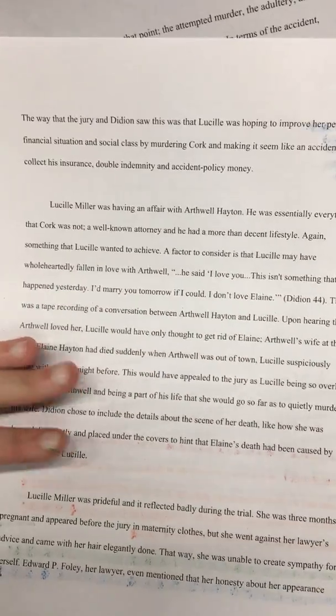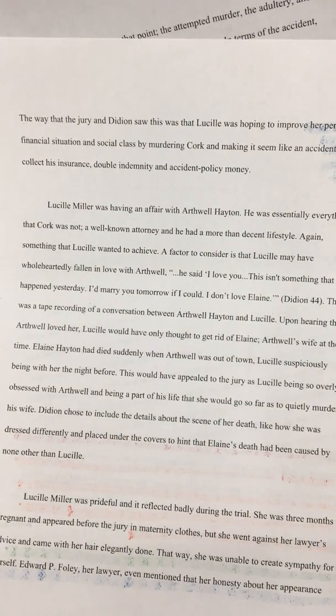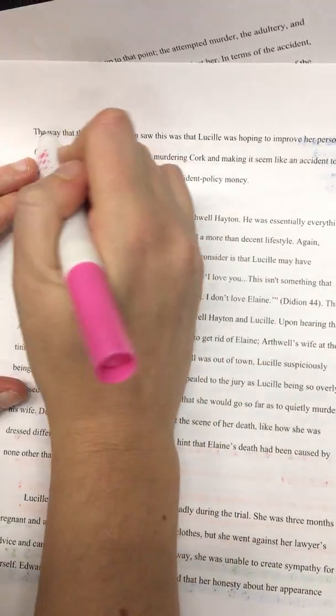Okay, I'm going to flip this around and make sure you guys can see the top here, which leads us to our warrant. And I can't find my purple pen, so I'm going to use pink while I look for that purple pen. But here's the warrant. So this is coming back to their thesis, and their thesis, let me read it for you.